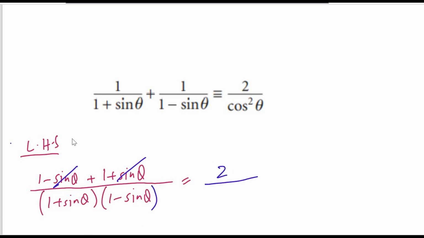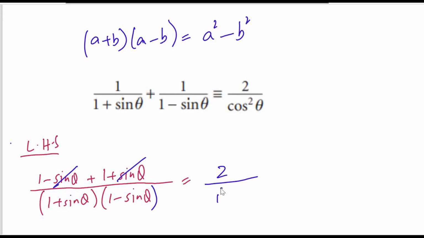Now in the denominator we can see there is an identity that a plus b into a minus b is equal to a square minus b square. So this will be 2 divided by 1 minus sine square theta.